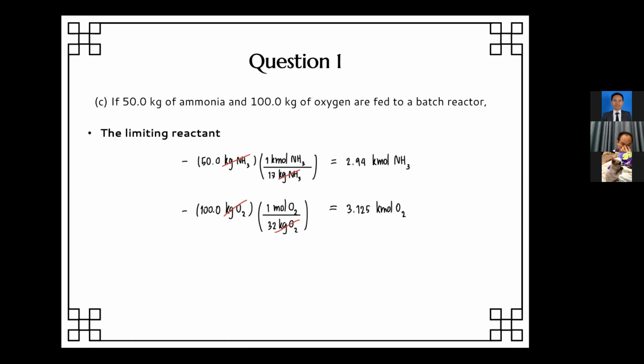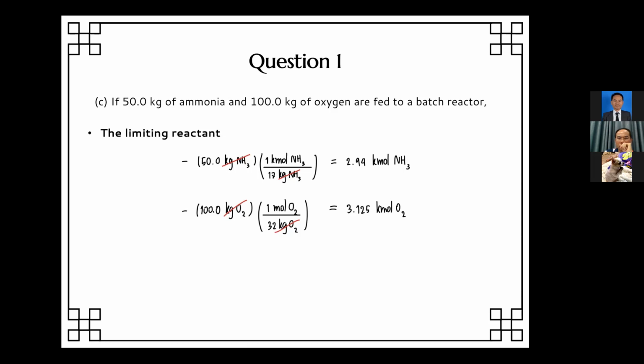So for the ammonia, 50 kilograms times 1 kmol over 17 kilograms, which is the ammonia molecular weight, gives 2.94 kmol of ammonia.